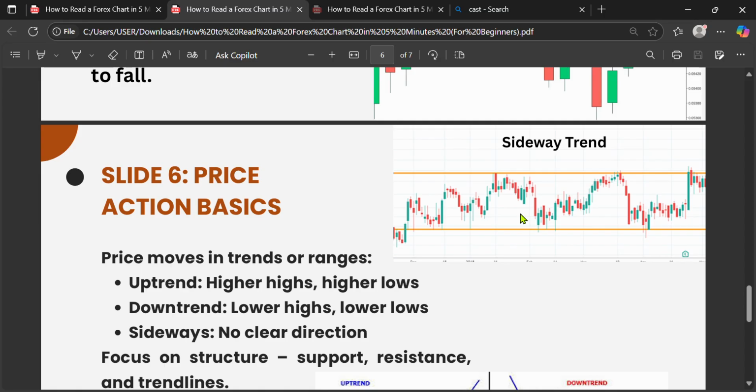Now, in a ranging market, we have two types: ranging markets can be on a higher time frame, and ranging markets can be on a lower time frame. When the ranging market is on a higher time frame, it's telling the swing traders to hold on. When the market is ranging on a lower time frame, it's telling the day traders to hold on. Probably like a higher time frame ranging, like daily, weekly, monthly.